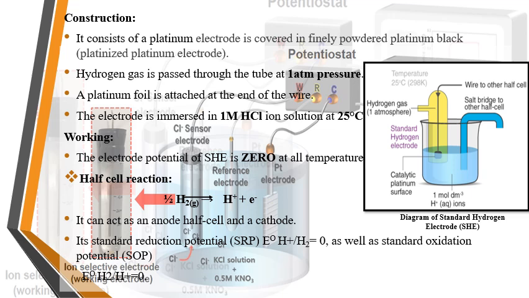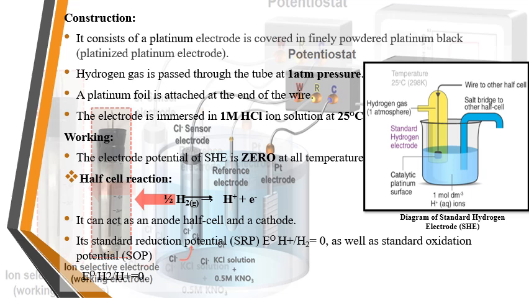Talking about the acid solution, the electrode is immersed in a standard solution of strong acid, typically 1 molar hydrochloric acid, to ensure a constant concentration of hydrogen ions. The concentration of the acid is crucial as it determines the pH of the solution and the activity of the hydrogen ions. The hydrogen gas needs to diffuse effectively over the platinum surface.